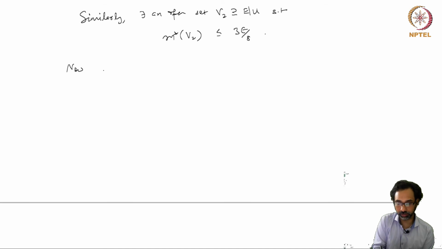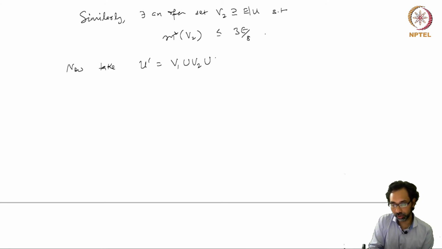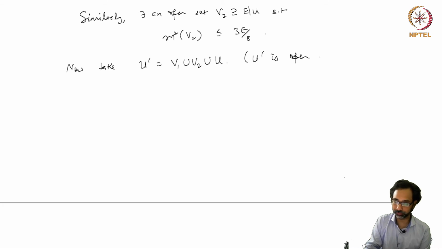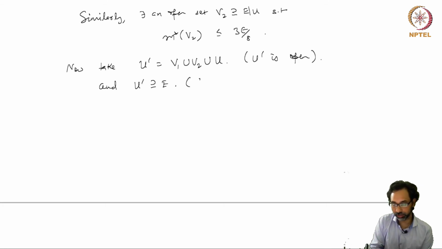Now take U prime to be the union V1 union V2 union U. So it's a union of 3 open sets, so it's open. U prime is open, and U prime contains E as well. So check this.